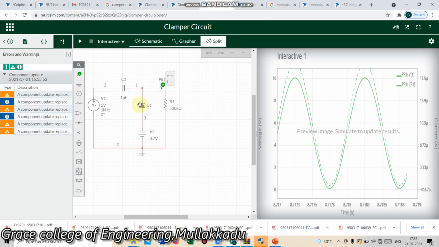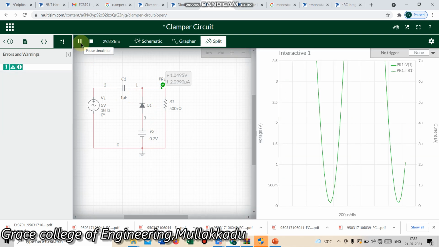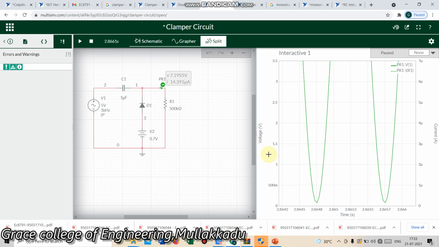Similarly, for the clamper, see the capacitance, the diode, and the reference voltage of 0.7 volt. See, the input waveform is a sinusoidal waveform of 5 volt. Then it should lie between -2.5 to +2.5.